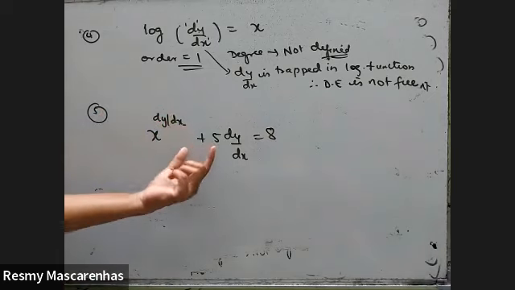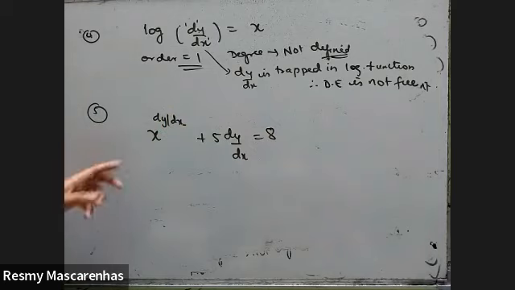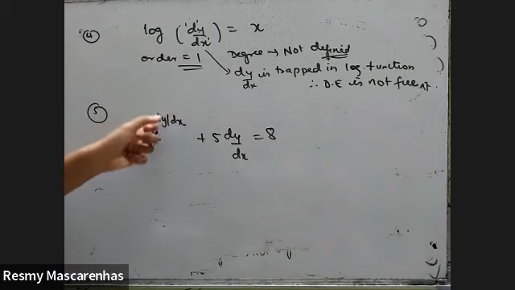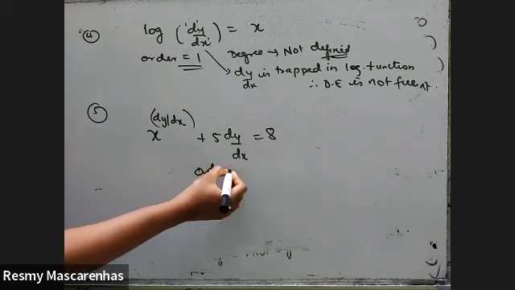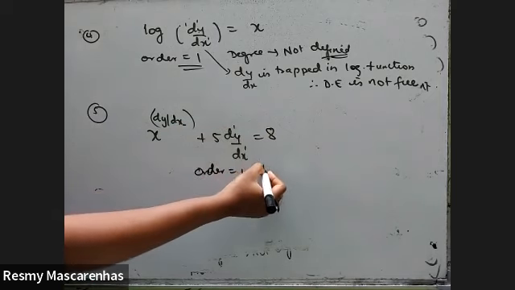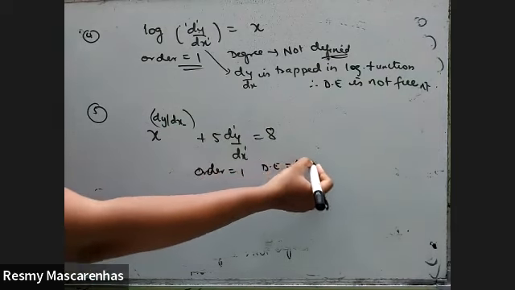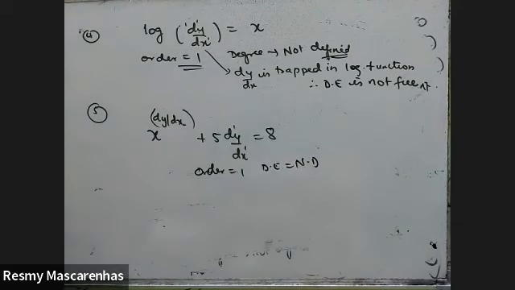It should be normal, separate dy by dx. Now again this one's power is trapped with x raised to something. So again, order is 1, but degree is not defined. Hope you all are understanding. If any doubts, then I'll ask her.